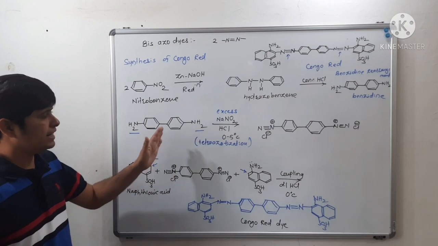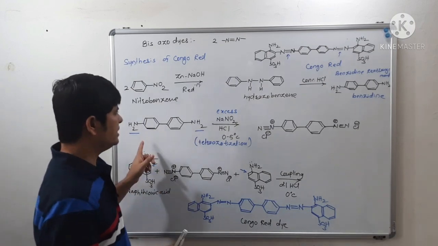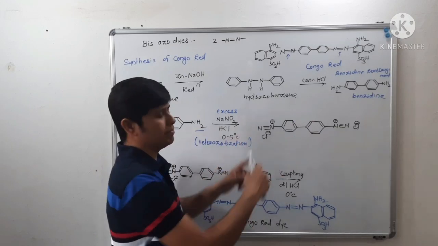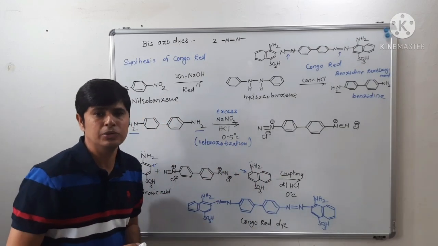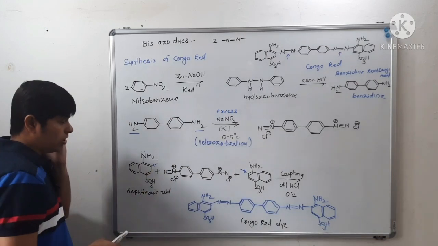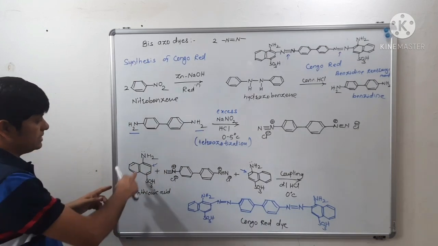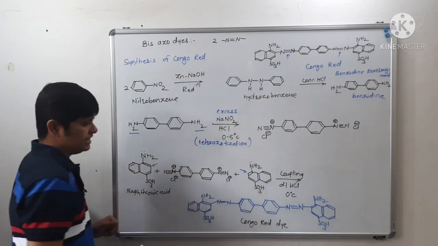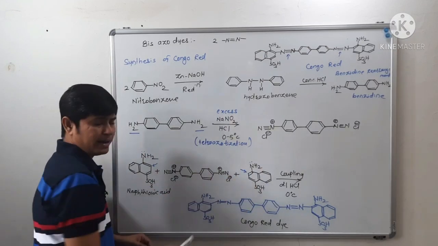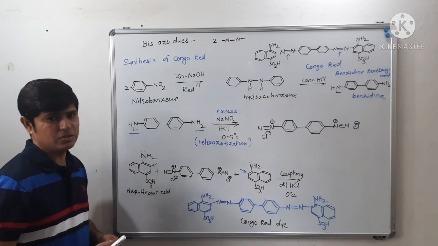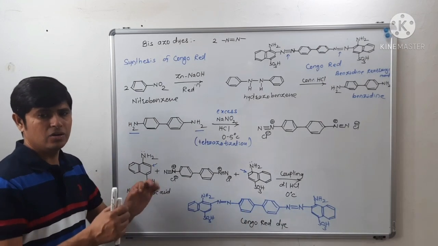So there will be tetraazotization, that is, both NH2 groups of benzidine will get converted into diazonium salt. That diazonium salt of benzidine is reacted with 2 moles of naphthionic acid in the presence of dilute hydrochloric acid, and we get Congo Red dye. This is a bis azo dye, Congo Red dye.